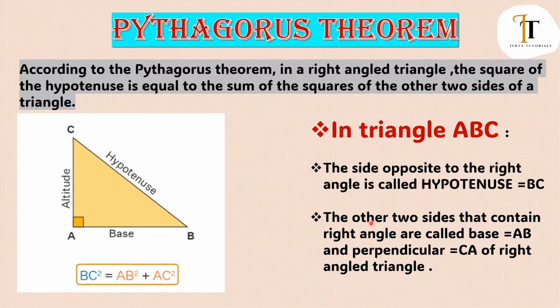And what about the other sides? The other two sides that contain the right angle are the base, here AB, and the perpendicular, CA, of a right angled triangle. The right angle triangle is very, very important.